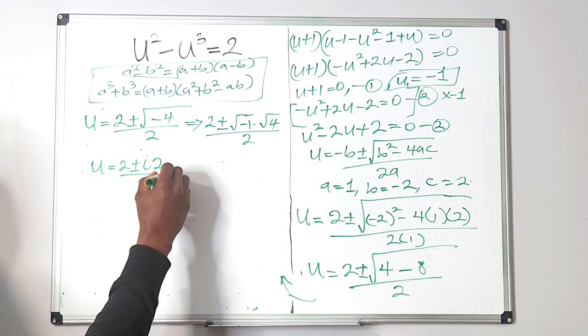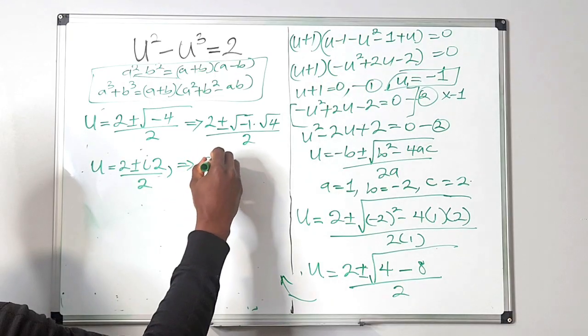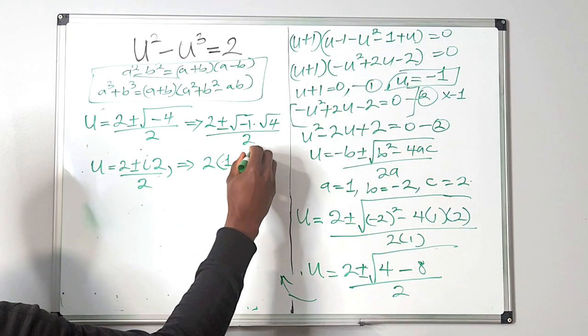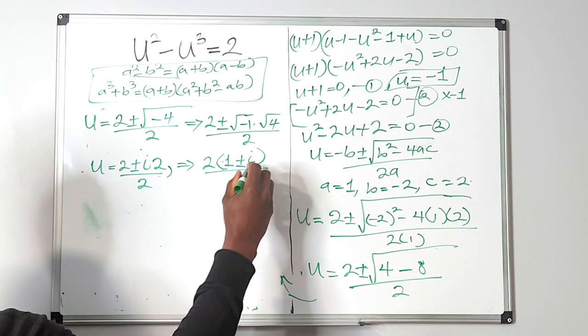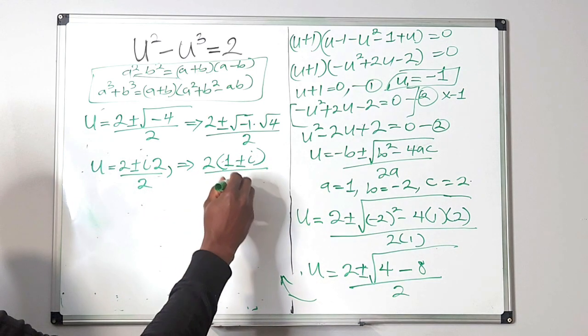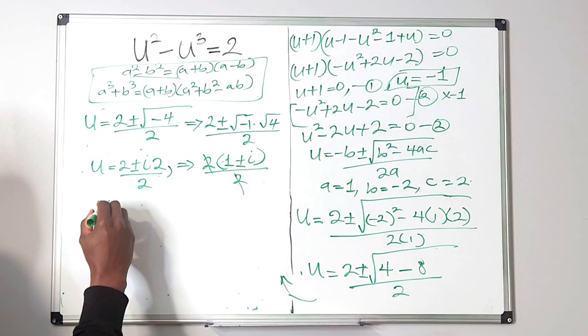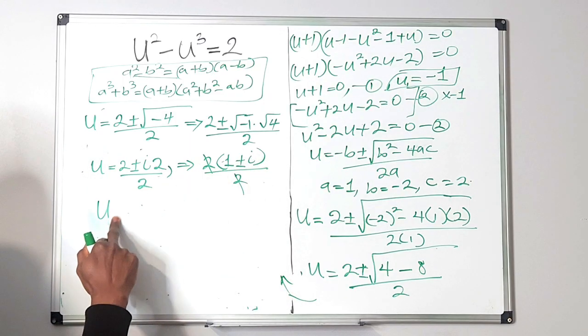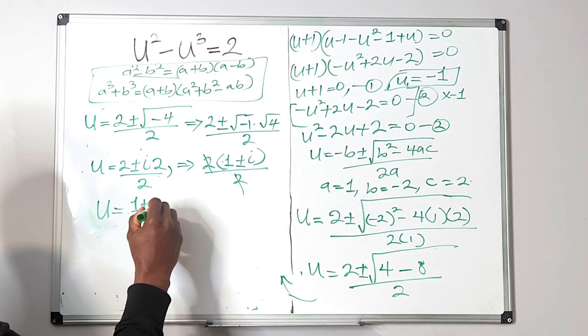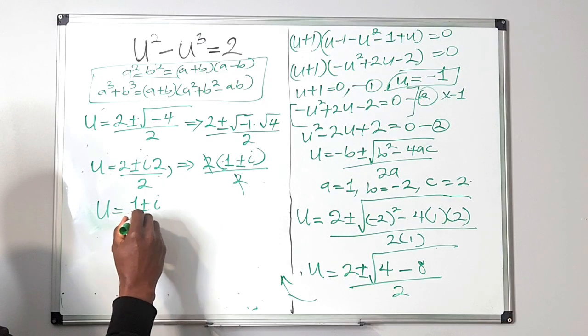Now we can collect like terms, okay? This becomes 2 into 1 plus or minus i, divided by 2. Then these cancel out. So u is equal to 1 plus or minus i.